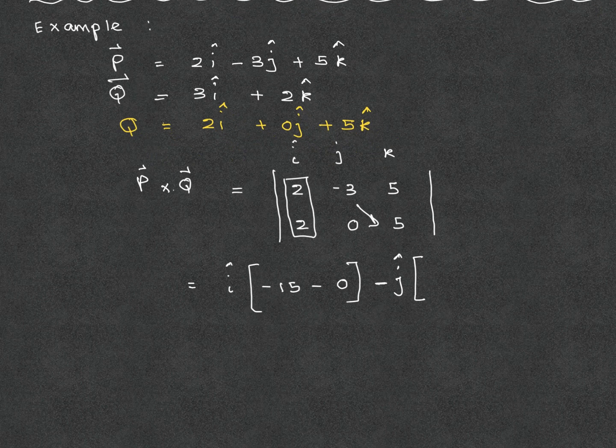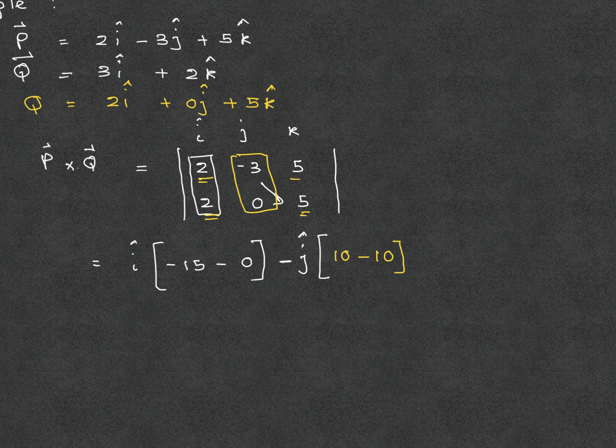I told you why we are doing that in the class. Then you have 2 times 2 and 5 times 3, and that column is covered now. So that is what you have for the j hat term.